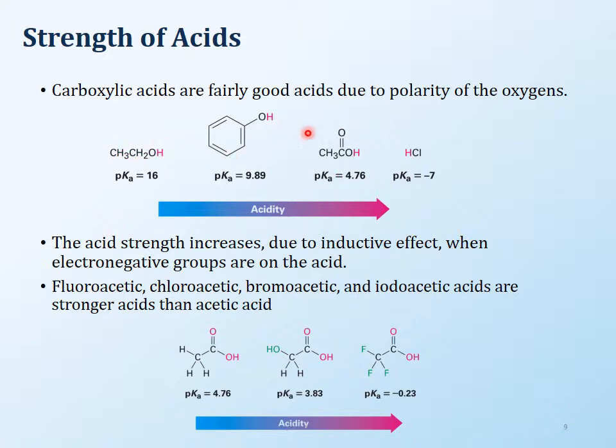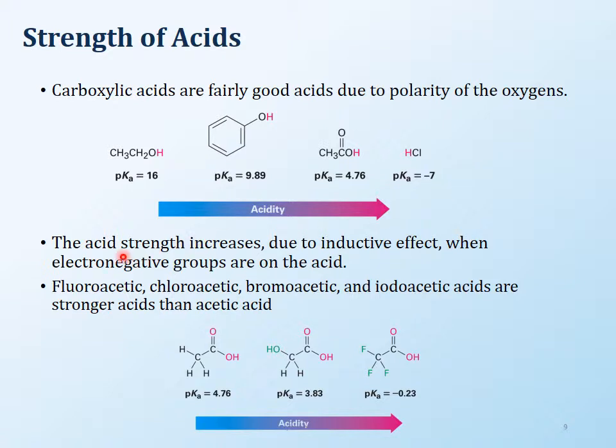Then the pKa of a carboxylic acid hydrogen is 4.76, which is a fairly strong acid. It's not as strong as a mineral acid though. Hydrochloric acid, for example, is -7, and sulfuric acid would be even smaller than that. But anyhow, that's how carboxylic acids fall as far as the acidity is concerned.